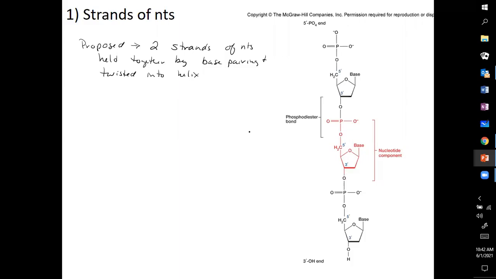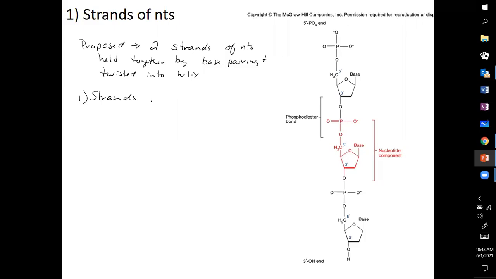So let's put the strands together first, the strands of the nucleotides. These are sticks, right? So if it's a stick, it's suggesting a covalent bond. The strands of the helix are held together by covalent bonds, and they're very specific covalent bonds.